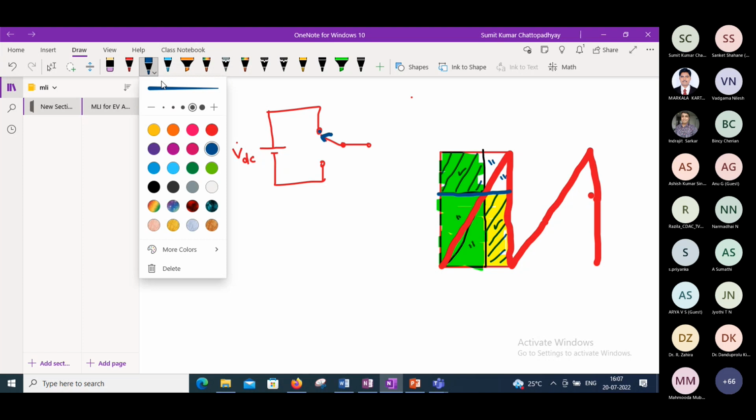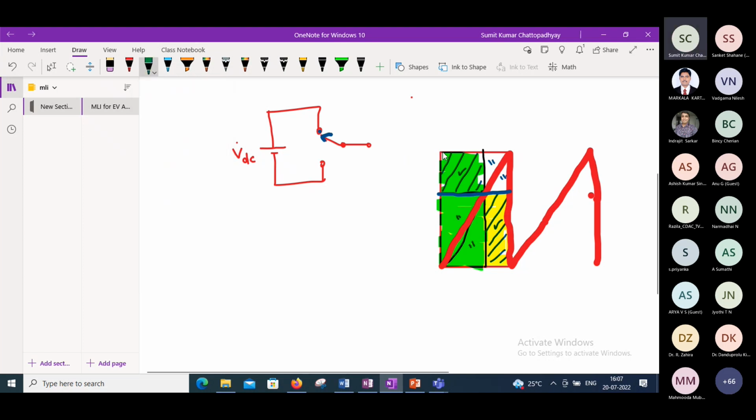So what will happen? It will turn on the switch and the voltage will be clamped to this positive value. And when the reference wave comes below, then it becomes negative or this clamps to 0.